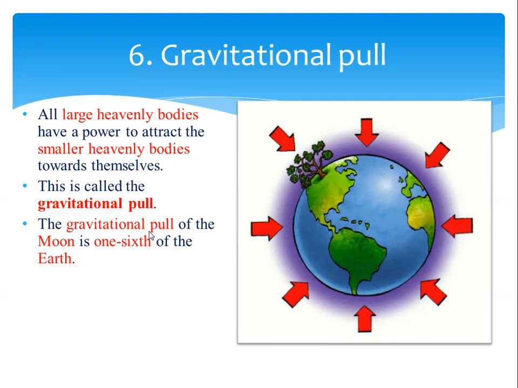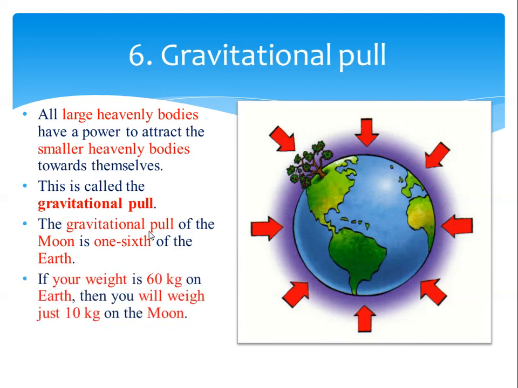It means how much weight you have on Earth, it will be 1/6 on the moon. If your weight is 60 kg on Earth, then you will weigh just 10 kilos on the moon.